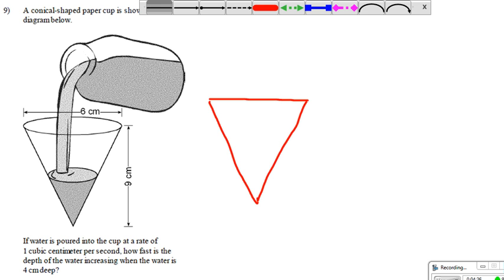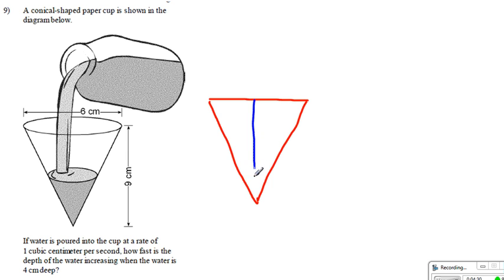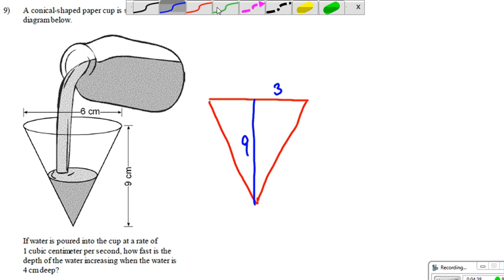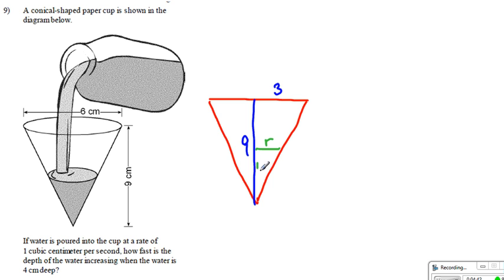If I connect through the middle, we get to realize this is equal to 3, and the height becomes 9. So whenever we have water coming up, and we call this the radius and height of the water, r over h will be equal to 3 over 9. That is the relationship which we have to use.